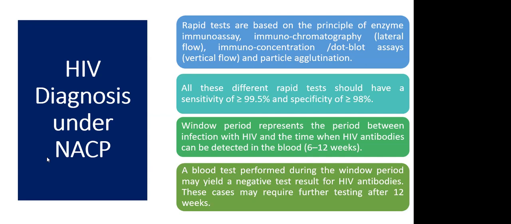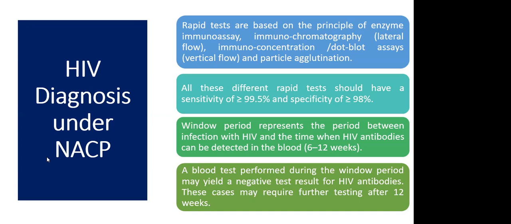And as we all know, when someone is infected with HIV and you test that person for antibody, there is a window after initial infection where the antibodies take time before the IgM antibody gets detected. It takes about 6 to 12 weeks.